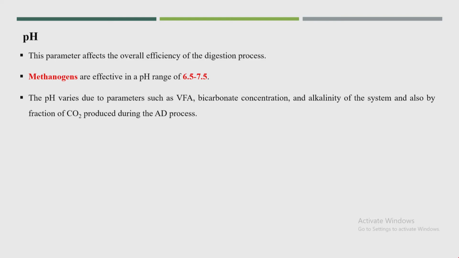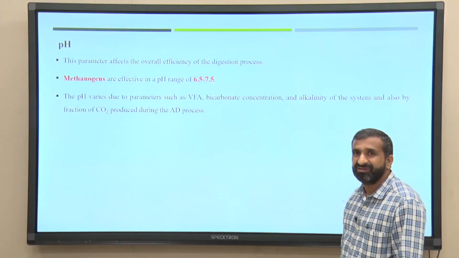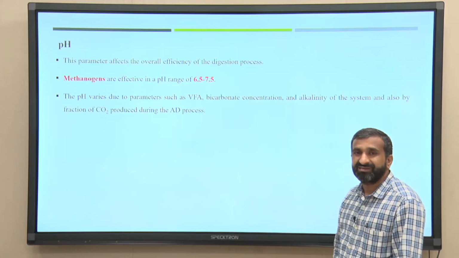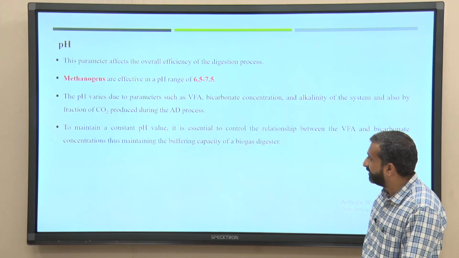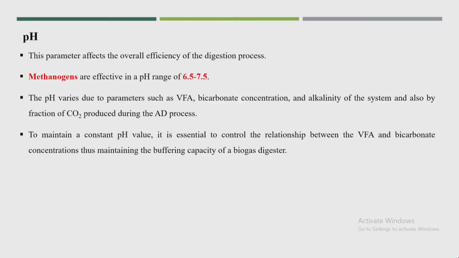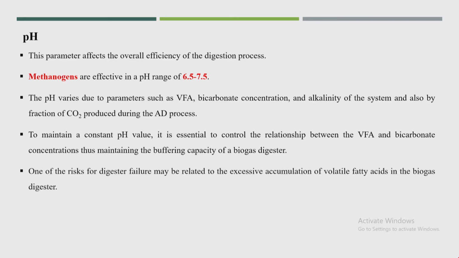So, from time to time we have to monitor the reactor, how the pH increase or reduction is possible in the reactor. To maintain a constant pH, it is essential to control the relationship between the VFA and carbonate concentration, thus maintaining the buffering capacity of the biogas reactor.